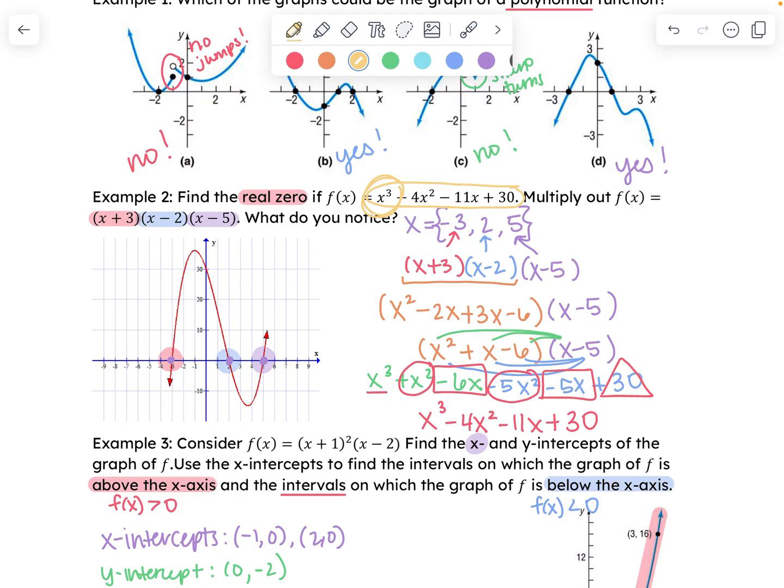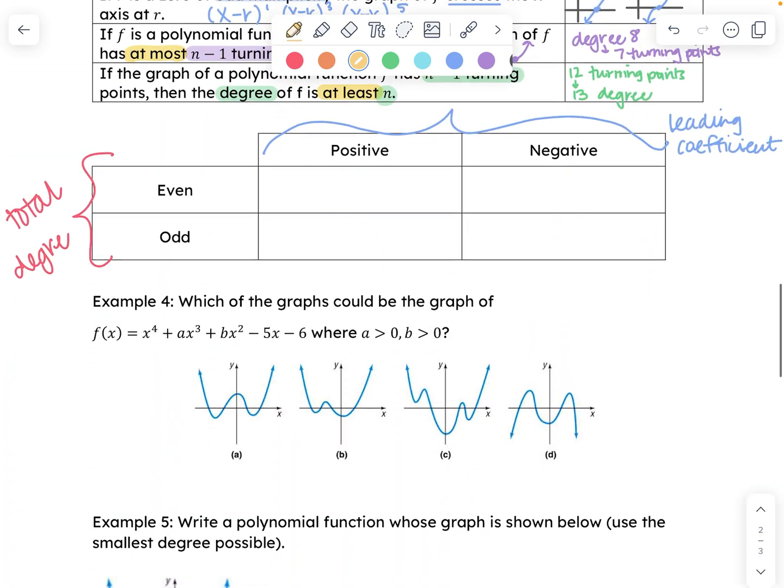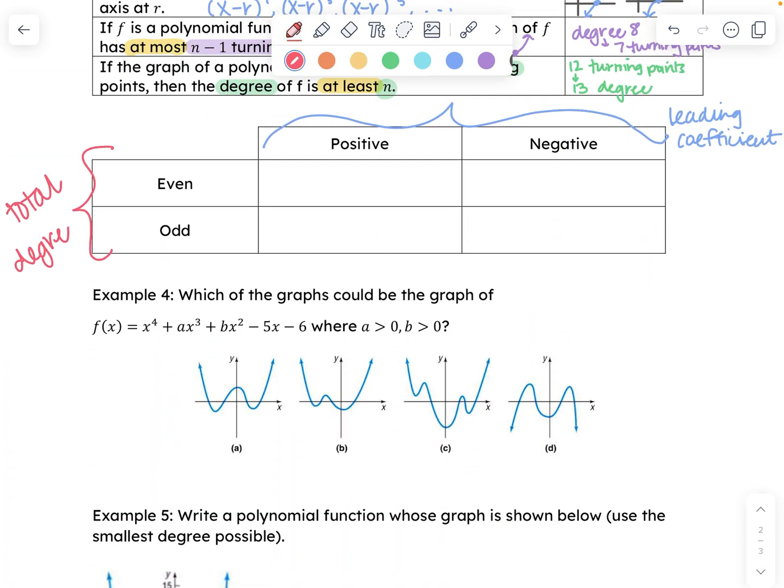And so the total degree would be that cubed, and then the leading coefficient would be 1 because there's not a number in front of the x cubed. So if it's even and it has a positive leading coefficient, then you're going to start in the top and end in the top. You can do whatever it wants to in between, but you're going to start and end in the top.